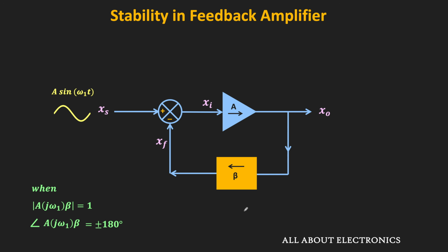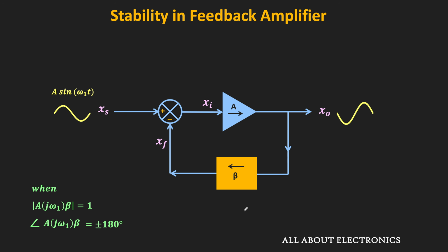That means this feedback network will not add any phase shift, so the entire phase shift is added by this amplifier. So whenever we apply the input to this feedback amplifier, it will amplify the input and also add a 180 degree phase shift to the input signal.